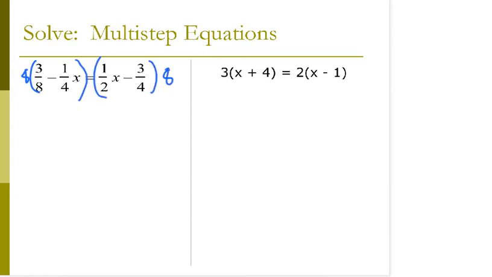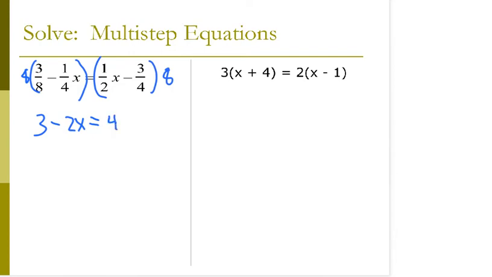So we remembered what happened with 8 times 3/8. We just did it and ended up with 3. When we did 8 times 1/4, we got 2, so 2x. We bring down our equal sign. Now on the other side, 8 times 1/2 is really just 8 divided by 2, and that's going to give us 4, so we have 4x on that side.